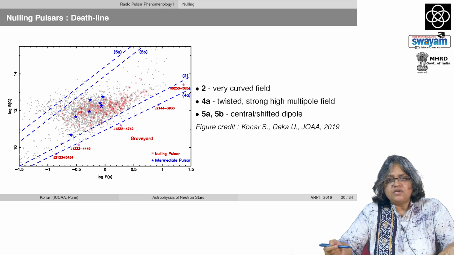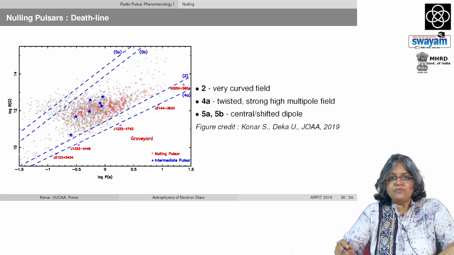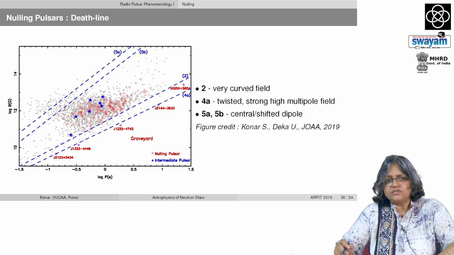Now, these different lines assume different kinds of magnetic fields. As we have said, the magnetic field is dipolar, but that may not be correct, and we will talk about that in the next lecture. So, different kinds of magnetic field configurations can be present in different neutron stars.